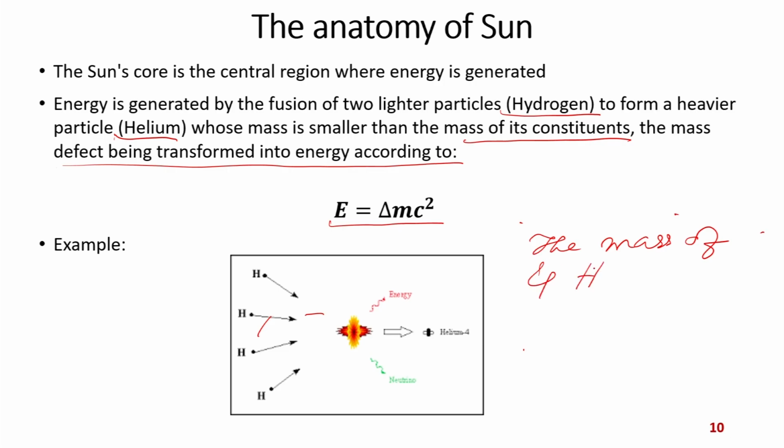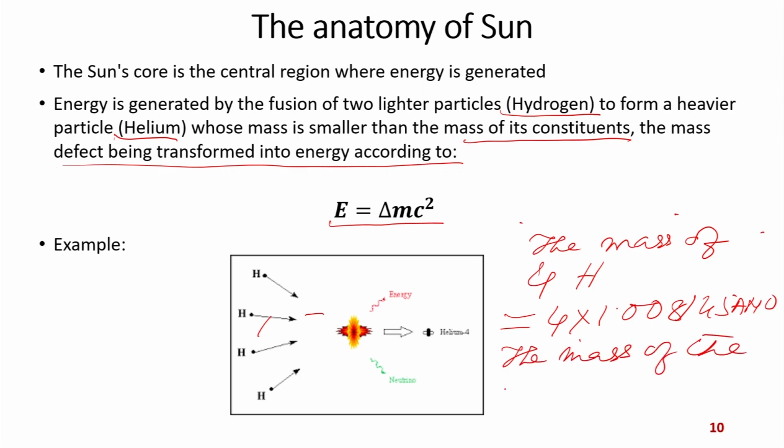The mass of the helium atom is 4.00387 AMU. So, now we can calculate the difference in mass.